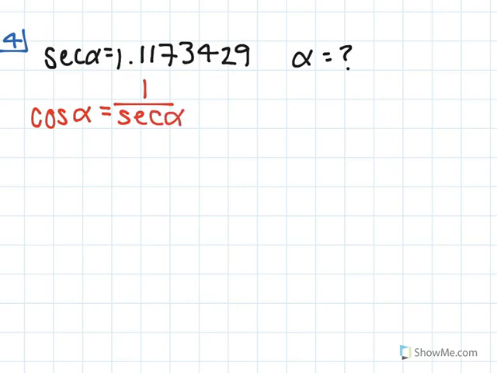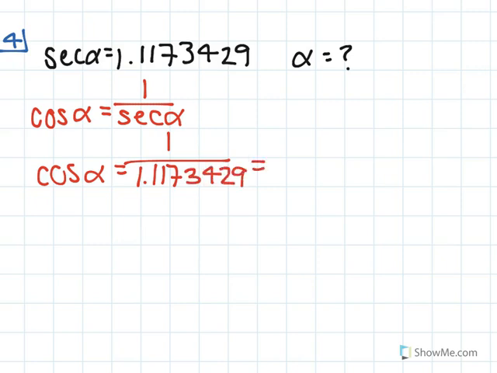So we can say that cosine alpha equals 1 over 1.1173429, and if you put that into your calculator, that simplifies to 0.8949 and some numbers.